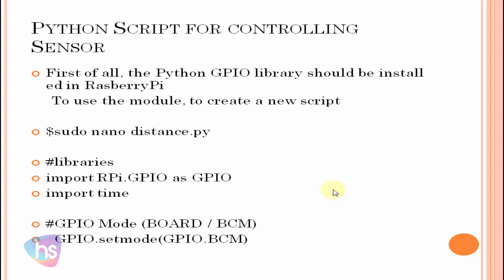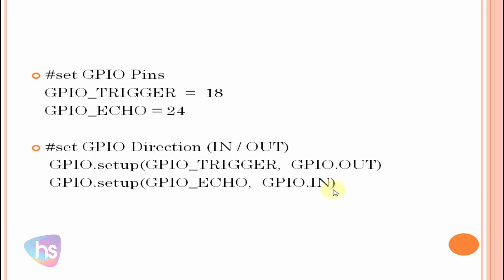I am setting the mode as BCM. Now set the GPIO pins, for triggering and echoing, which I am connecting to the board. The GPIO pins for the sensor are: trigger is 18 and echo is 24. The directions, input or output, show which pin is which. Now I am setting up GPIO: GPIO_TRIGGER is an output, and GPIO_ECHO is an input.